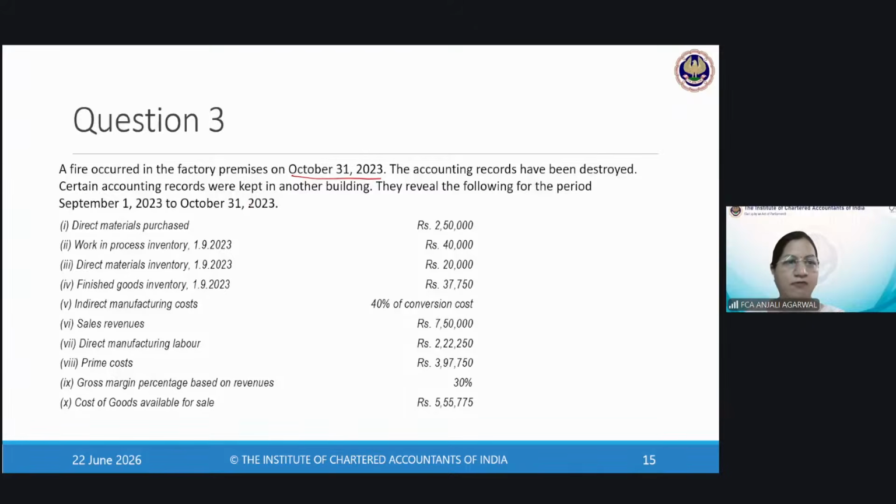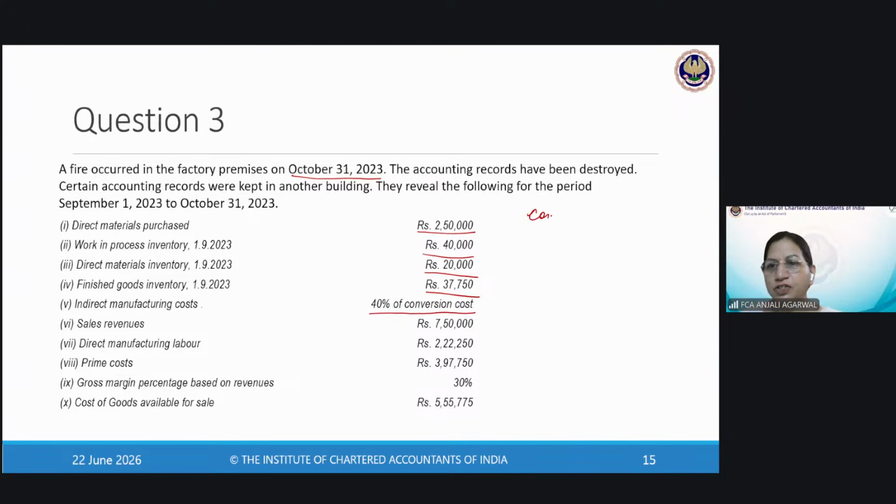This gives you the following information from September 1 to October 31st, so two months of information. Once again, you have how much material was purchased, and you have the opening WIP, opening stock of material, and opening stock of finished goods. Indirect manufacturing expenses are 40% of the conversion cost.